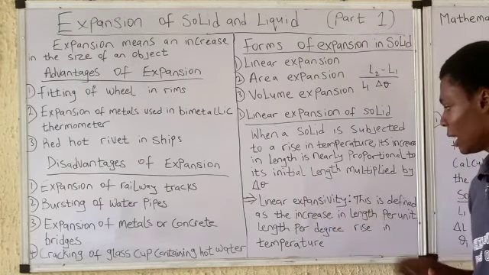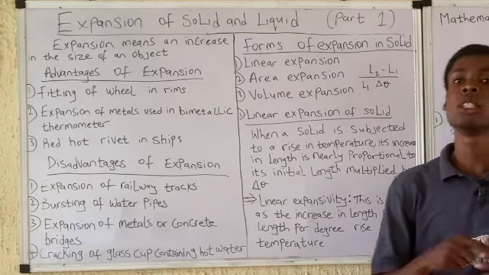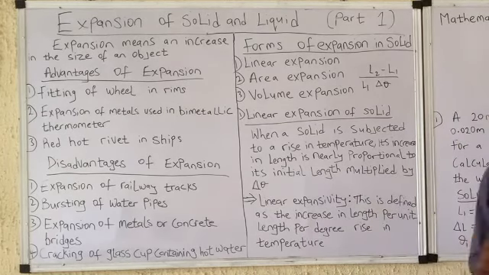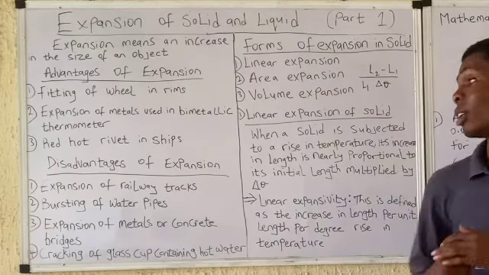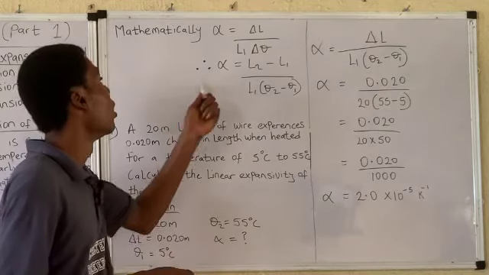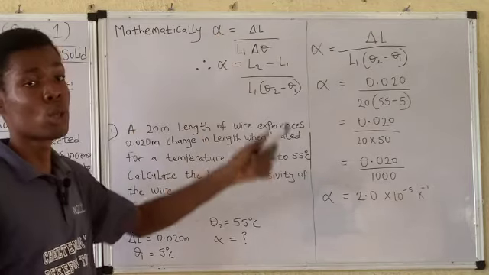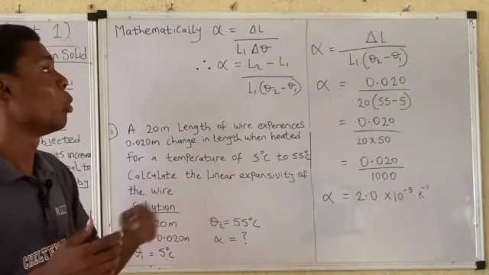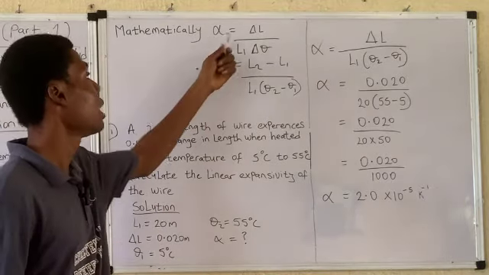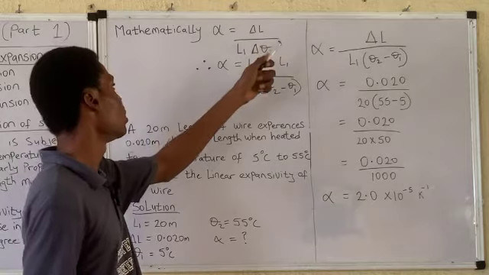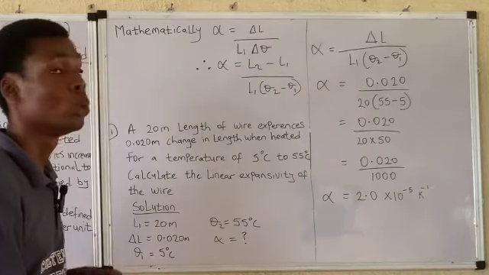So linear expansivity. Linear expansivity is defined as the increase in length per unit length per degree rise in temperature. That is the definition of linear expansivity. Now, the formula for linear expansivity. Note, we use the symbol alpha to denote linear expansivity. So linear expansivity is equal to change in length over L1 times change in temperature theta.